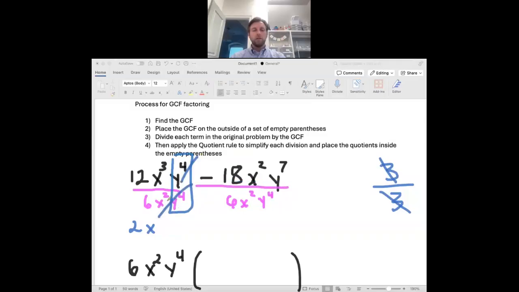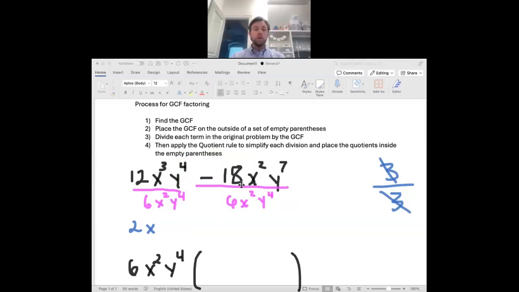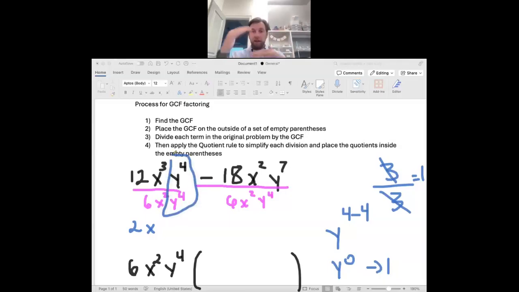The reason is that when you do it, it becomes y to the 4 minus 4, which is y to the 0, and that just becomes 1. So it simplifies to 1. We just say it cancels completely.